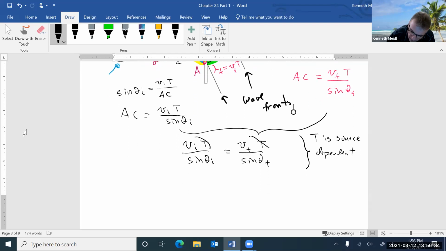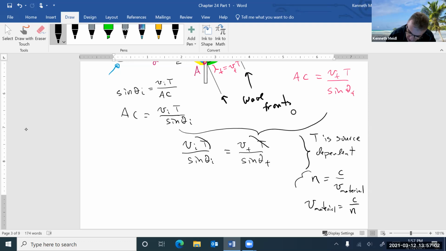And then I'm going to remember that the index of refraction is the speed of light in the vacuum divided by the speed of light in the material. Okay. And so maybe I'll just actually write that out. So the velocity of the wave in the material is equal to c divided by n of the material. Okay.